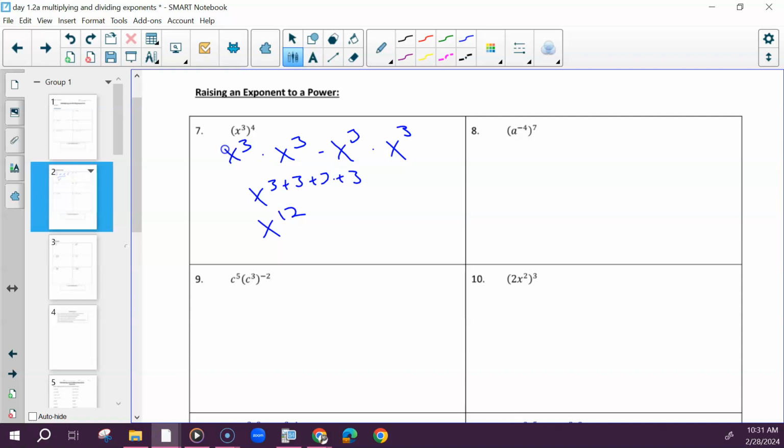If I were to expand number 8 and do a to the negative fourth 7 times, we have to do a couple things. You could either add the exponents together and then flip it, or flip them each and then add them.